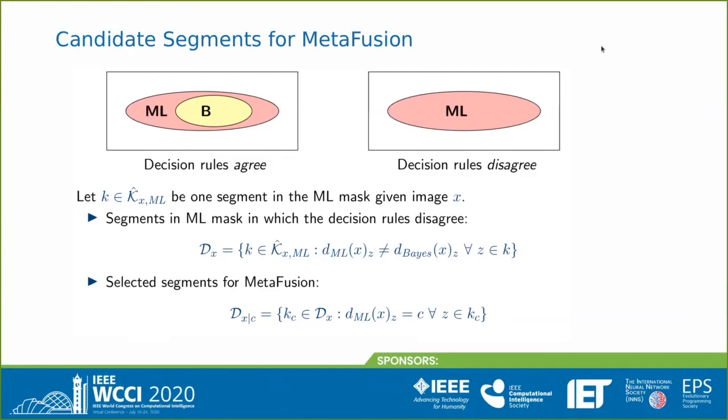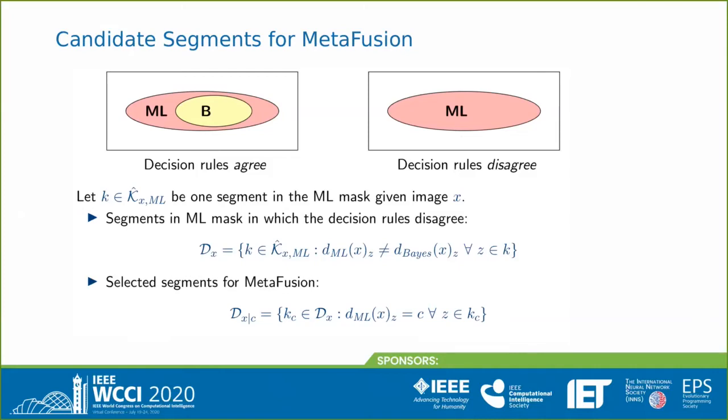Now we need to choose the segments in the maximum likelihood segmentation mask that we want to further process. There are two cases. Either the decision rules agree or the decision rules disagree. We say that the decision rules agree if there is a non-empty intersection between a base human segment and a maximum likelihood human segment. We can also view this as a confirmation for the presence of a human that base already has found. The decision rules could also disagree, so there's no intersection between the base and the maximum likelihood mask.